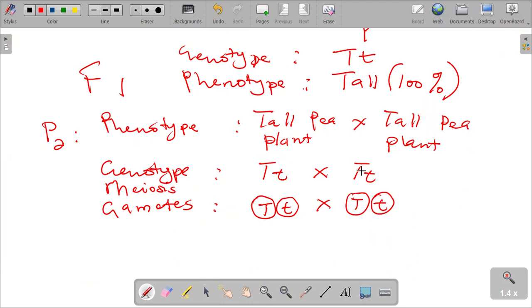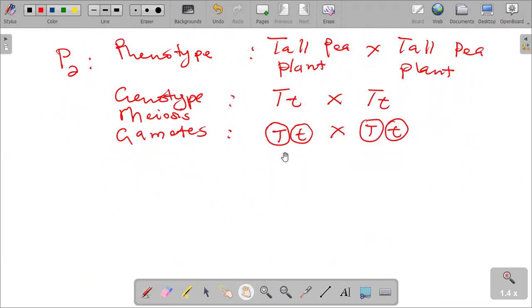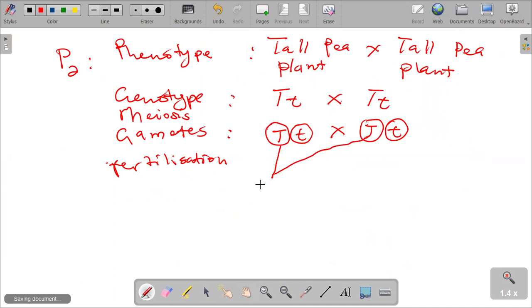And then there should be fertilization. Fertilization must take place. Fertilization is the fusion of the gametes as they come against each other.